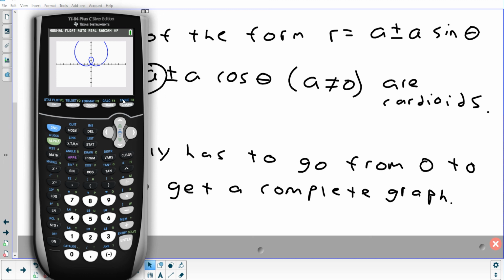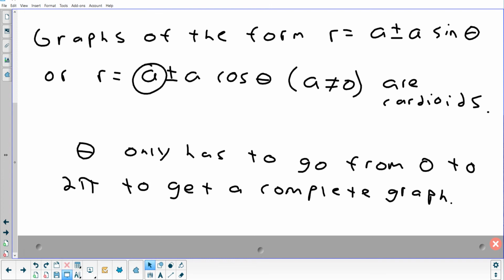So not technically a cardioid, but it has a little bit similar look. And if we change sine to cosine, we can just do that real quick. Instead of it looping at the bottom, it's now looping and facing the right. All right, so any questions on those? Those are cardioids. Well, that's not, but the other one was.